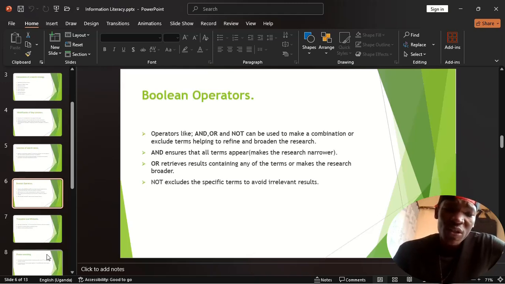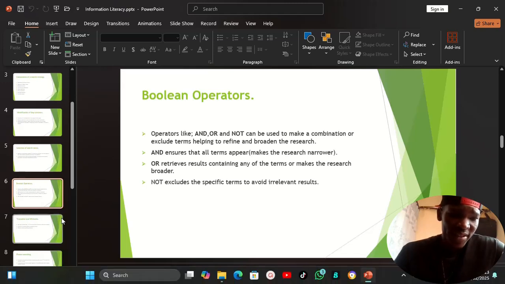NOT excludes specific terms to avoid irrelevant results. Maybe you're trying to search for something, you put the first search term, then you say, I want the definition of this and not this. This helps you to exclude the specific terms to avoid irrelevant results.